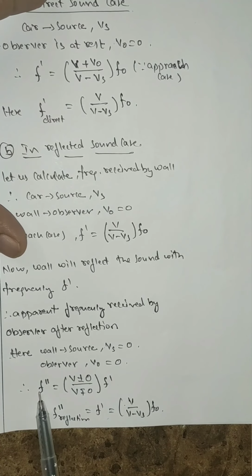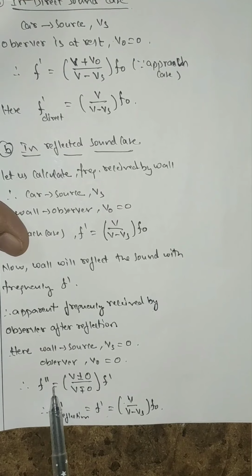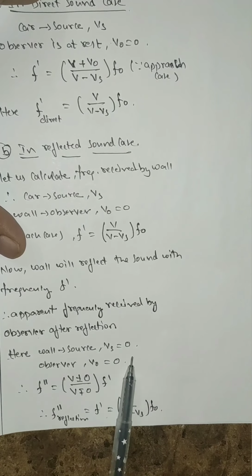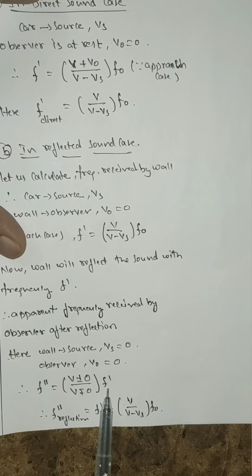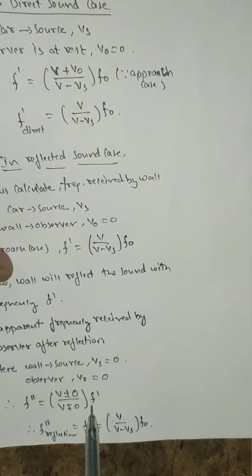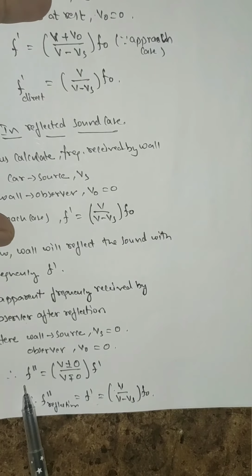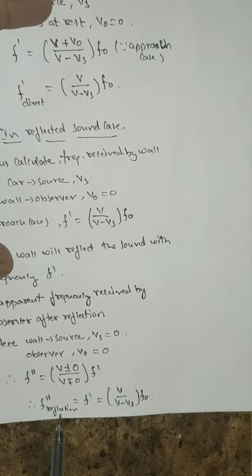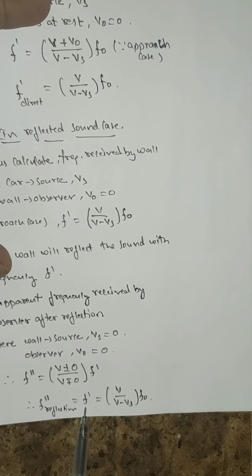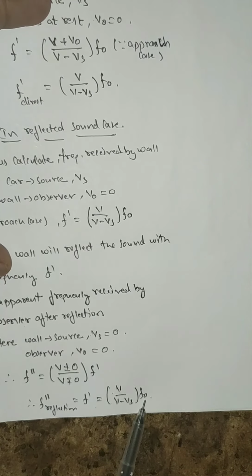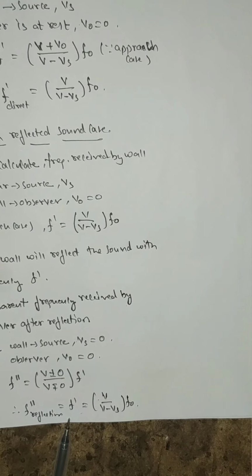The apparent frequency received by the observer is equal to V plus or minus V0, with V0 equal to 0, by V minus or plus Vs, with Vs equal to 0, into the actual frequency. What is the reflected sound frequency? It is nothing but f prime. So the apparent frequency received by the observer after reflection, f double prime, is equal to f prime, so V by V minus Vs into f0.